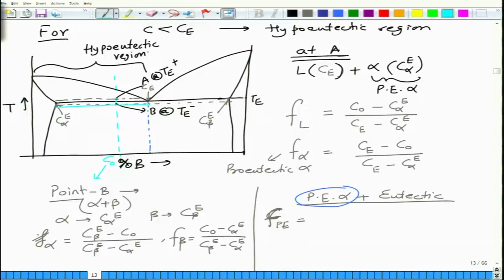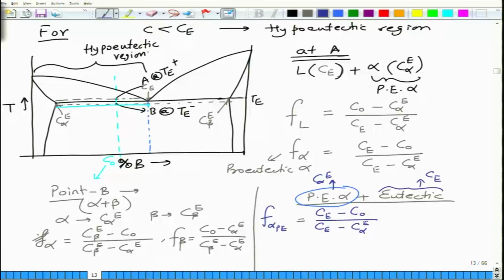In this case, alpha is of composition C alpha E and eutectic is of composition C E. So the fraction of pro-eutectic alpha, F alpha PE, is equal to C E minus C naught divided by C E minus C alpha E.